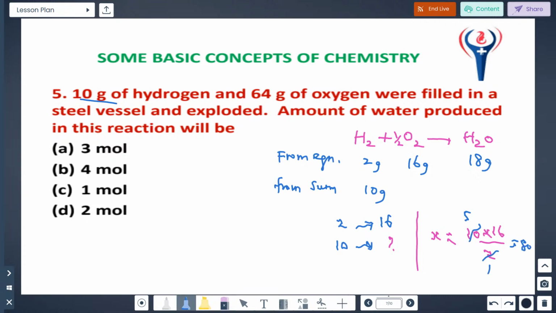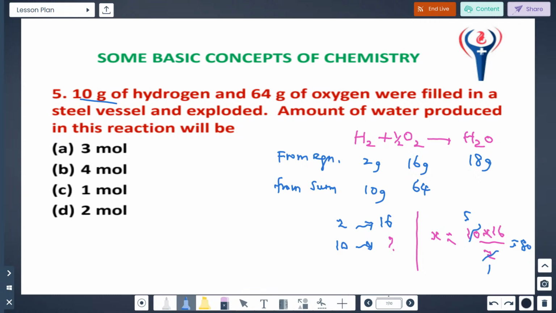Now see the sum. From the sum, 10 gram of hydrogen and 64 gram of oxygen are given. These are the information we are getting. But actually 80 gram should come when 2 gram reacts with 16 gram, so 10 gram can react with 80 gram.